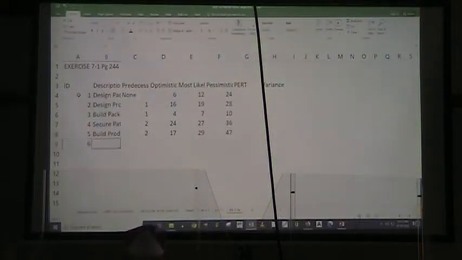Activity 6 is paint. The predecessors are 3, 4, and 5. The optimistic time is 4. The most likely time is 7, and the pessimistic time is 10.